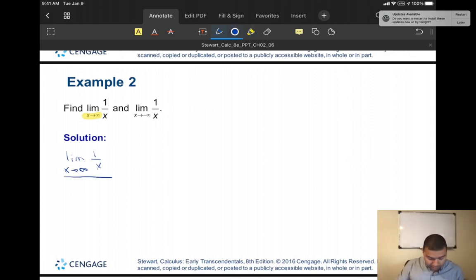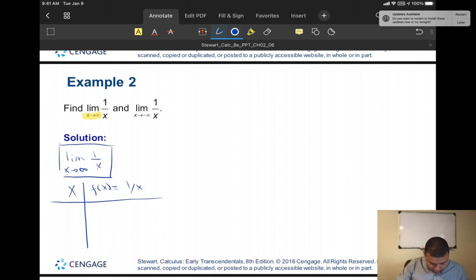So let me investigate this by using a table. So let's say x, f of x equals 1 over x. And I'll use my calculator too, so you can pull yours out as well. So let's start. I'm not going to do x equals 1, 2, because what I'm interested in is what happens when x gets larger and larger. So we'll start with 100, because I think it's a good starting point.